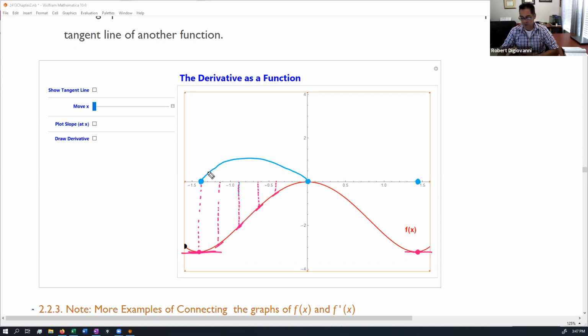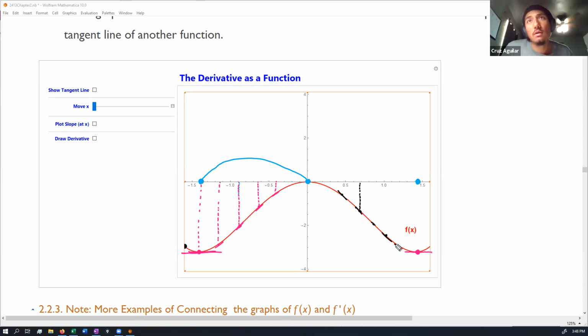I'm sticking with Cruz. Cruz, on the other side, between this point and this point, if you were to pick points here or here or here, what can you tell me about the slope of the tangent lines here? Well, this one's going down, so this one would be a negative slope. Negative. Good, which means that the blue function between those 2 points should be negative, which means it should be below the x-axis when I draw it.